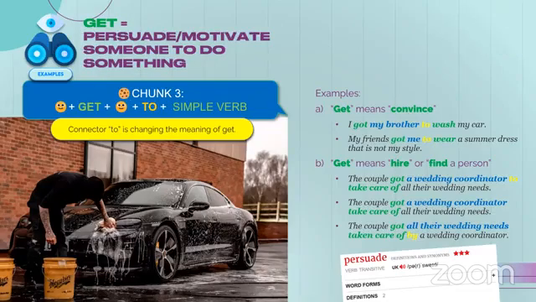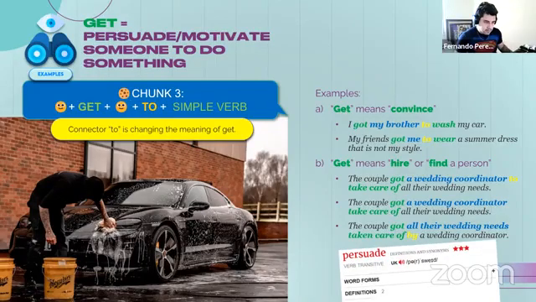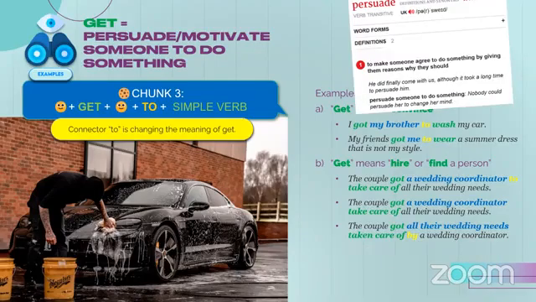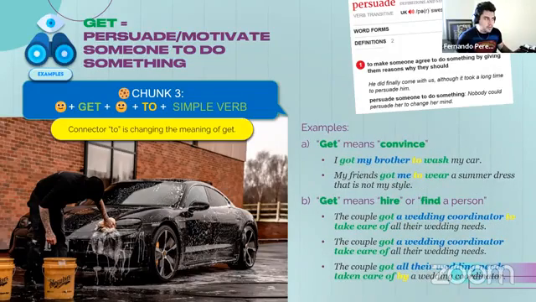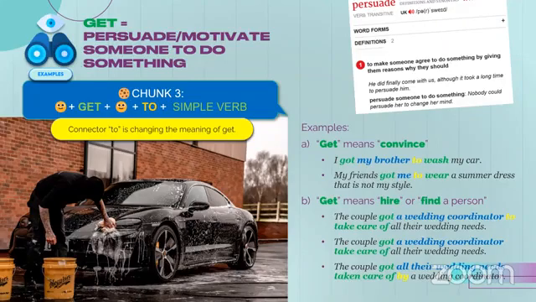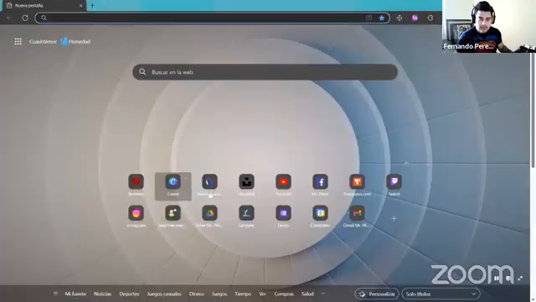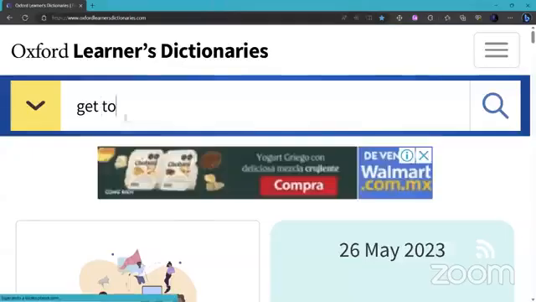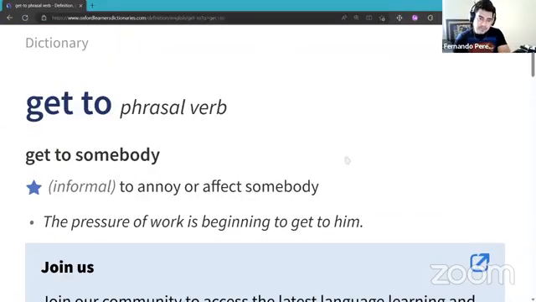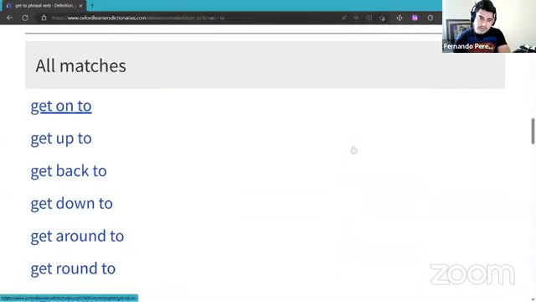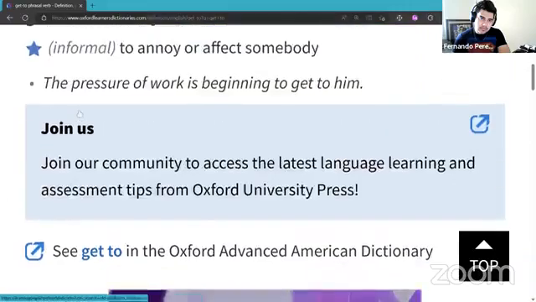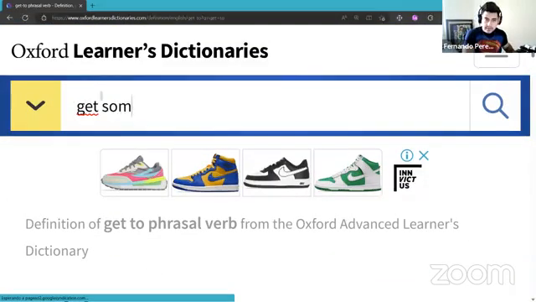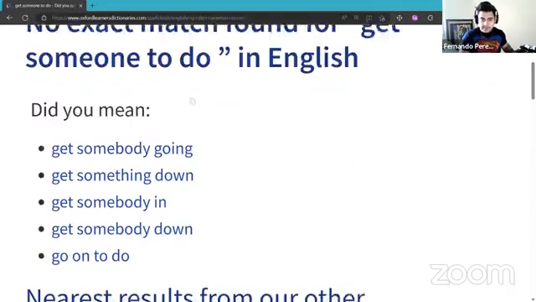I'm not sure if in these last scenarios, get to is working as a phrasal verb. No. Or probably? Let me check. We can check it. That was a good input, eh? It looks like a separable phrasal verb. Like get to, separable phrasal verb. Get someone to do something for you.